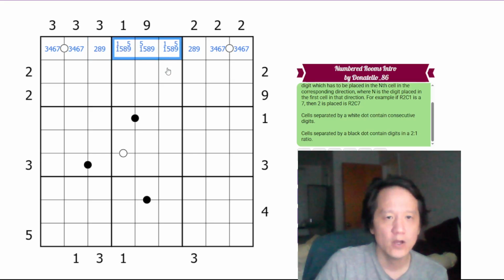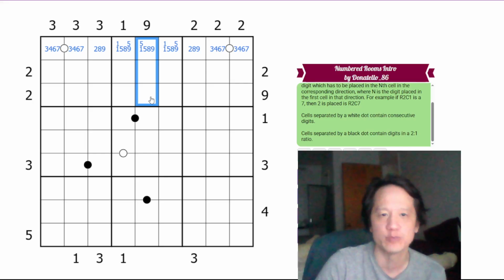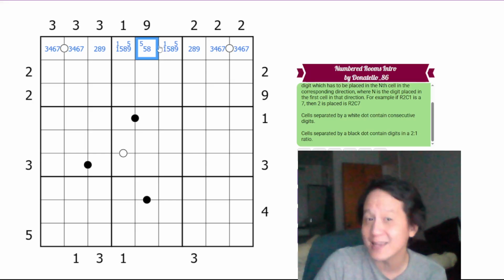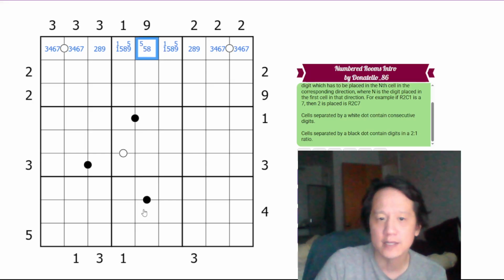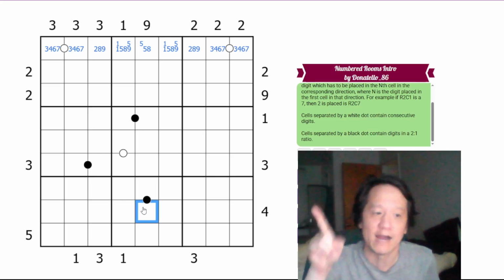Well, can this actually be a 9 here? And the answer is no. If this is 9, that's saying 9 has to be in the 9th position, but we already have a 9 here, which is in the 1st position. So this cannot be 9. Can't be 1, obviously. Can it be 8? If it were 8, 9 would be in the 8th spot, but 9 can't be double another digit because it's double 4.5, which is not a digit.